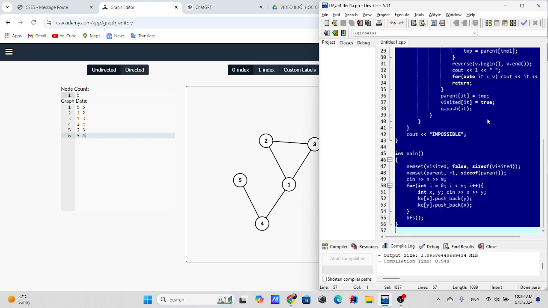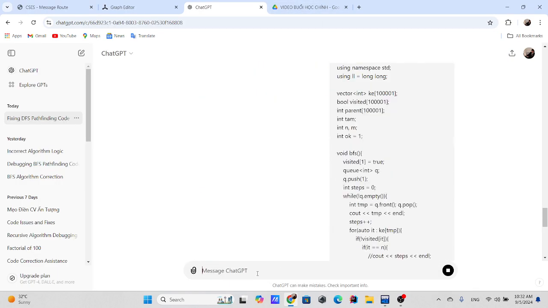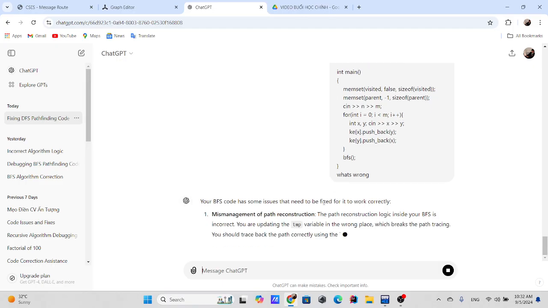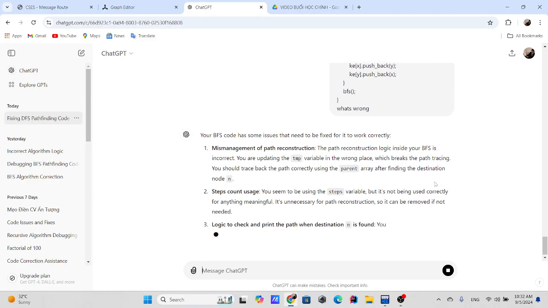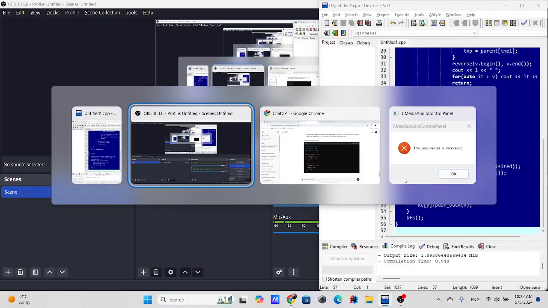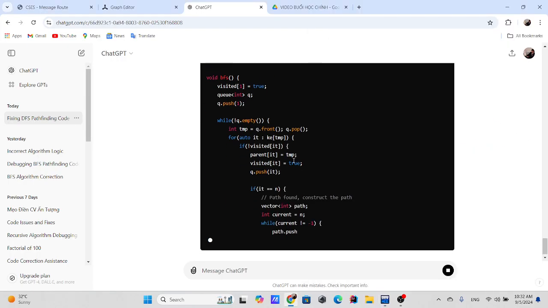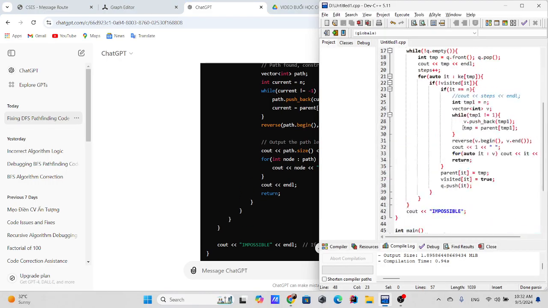What's wrong here? Shit, shit, guys. Vector path, right?